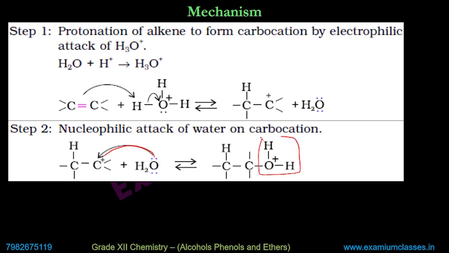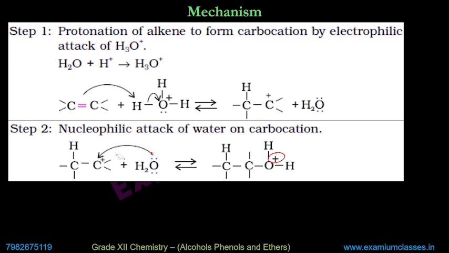Because this carbon has less electron density, it has positive charge, and this oxygen gives both of its electrons to form the bond. This bond is actually formed by both the electrons of oxygen. Oxygen has given its electrons, so that's why oxygen gains positive charge.